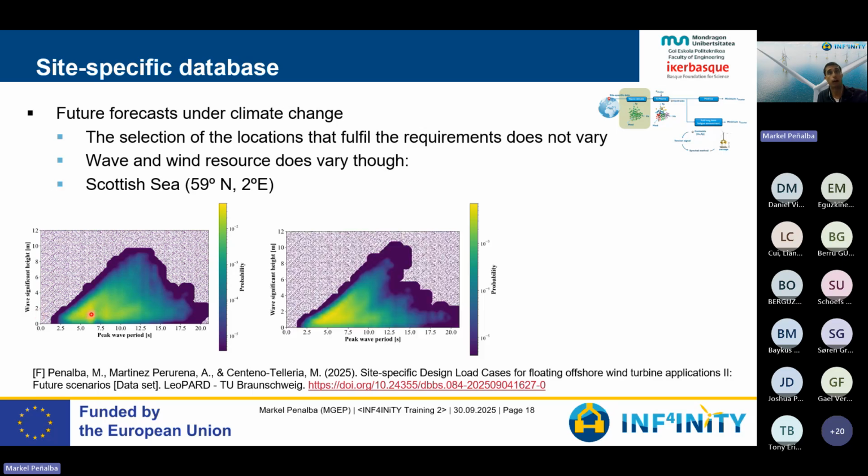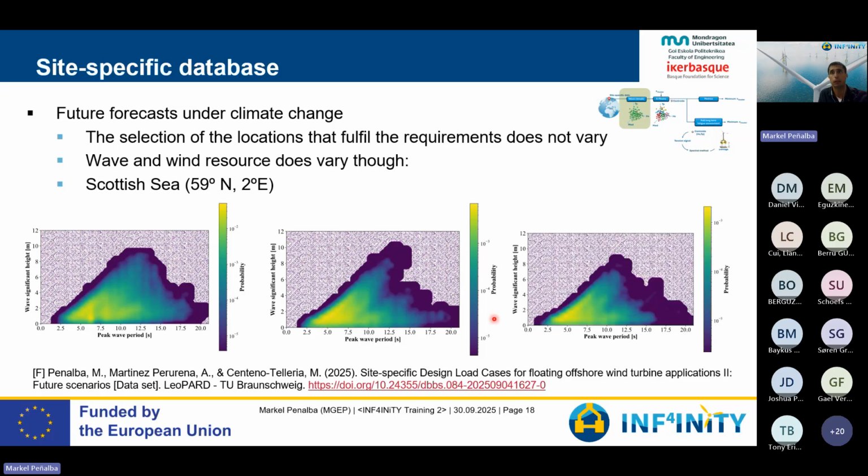But if we go farther in time, we see some changes. The most frequent points are decreasing a little bit, but the extreme conditions, the limits of this scatter diagram, are extending towards higher and longer waves.